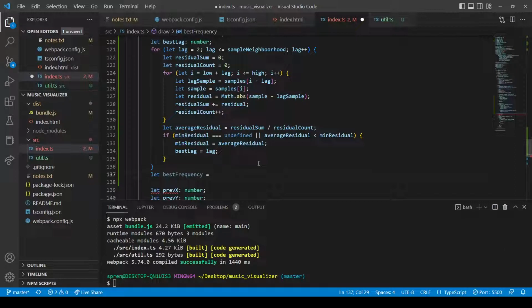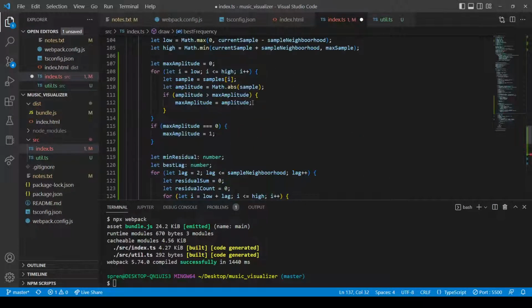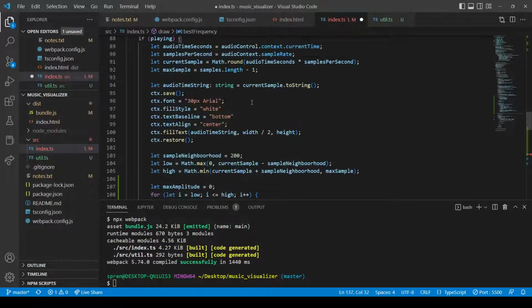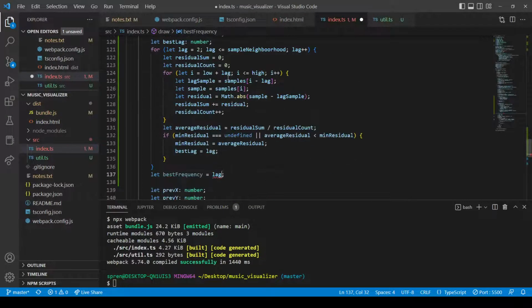So we can convert samples to seconds, right? So we have wavelength in seconds: lag divided by samples per second, which is the sample rate.